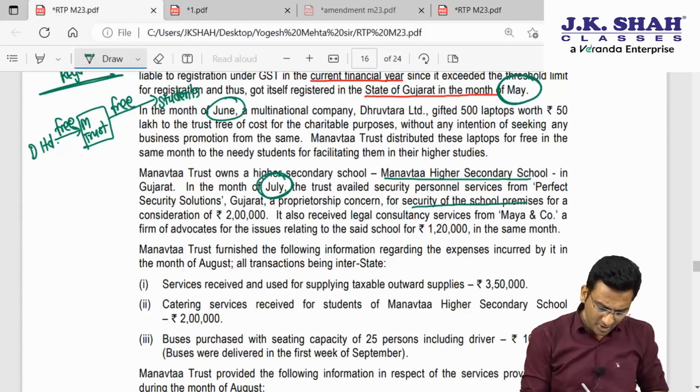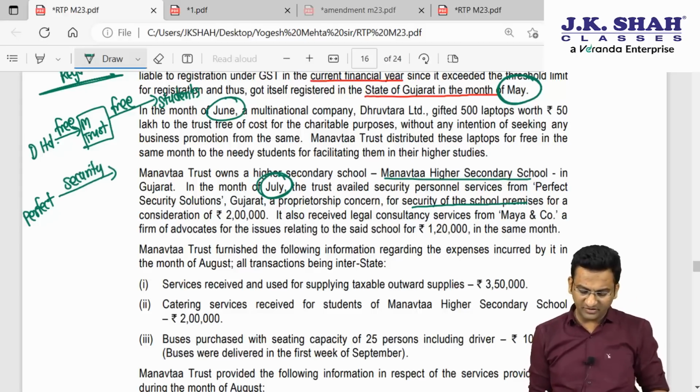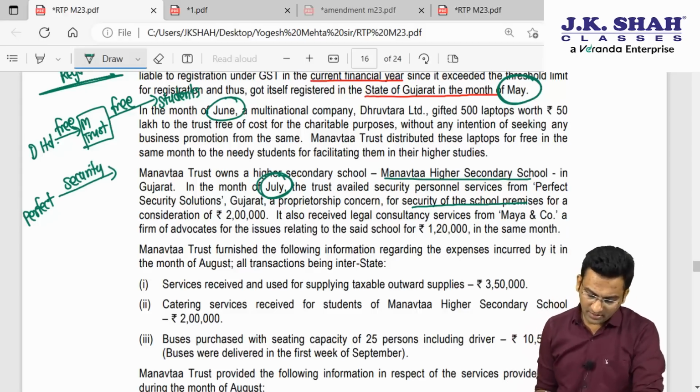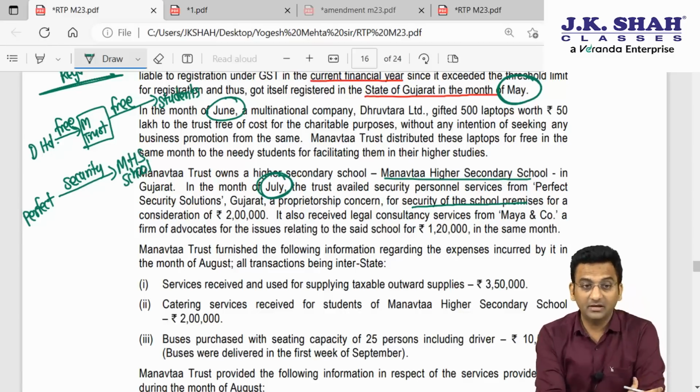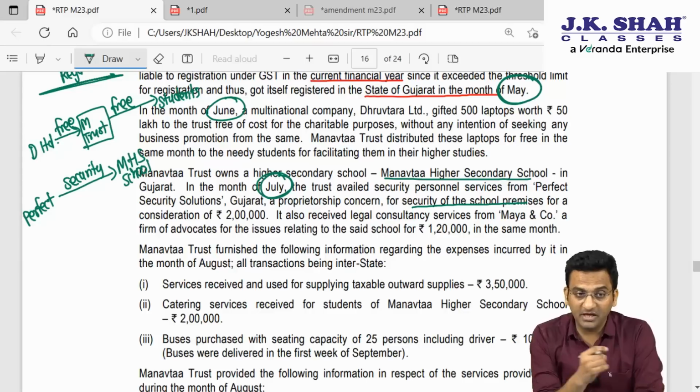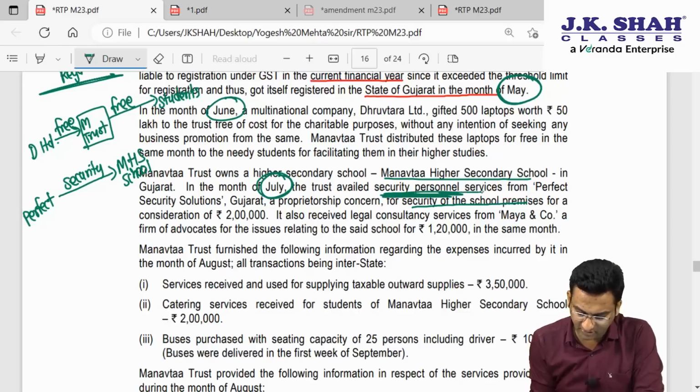Now tell me, friends, Perfect Security Solutions are giving security services, and to whom? They are giving security services to the Manavta Higher Secondary School. Correct? Now if you do remember, friends, if security services are given by way of security personnel services, then it is covered under RCM.